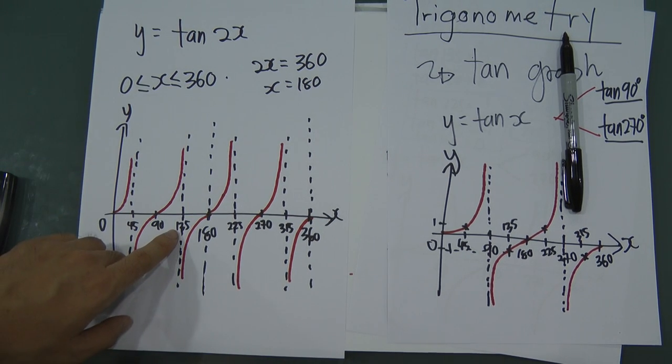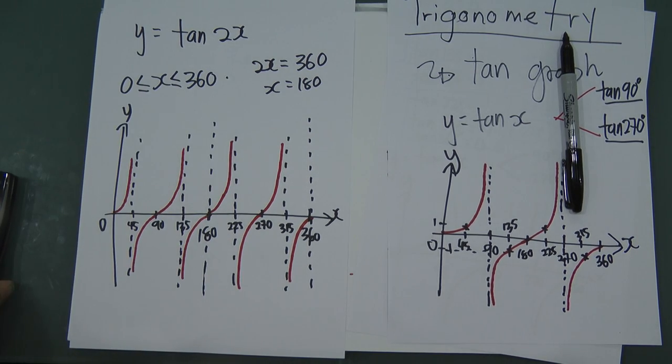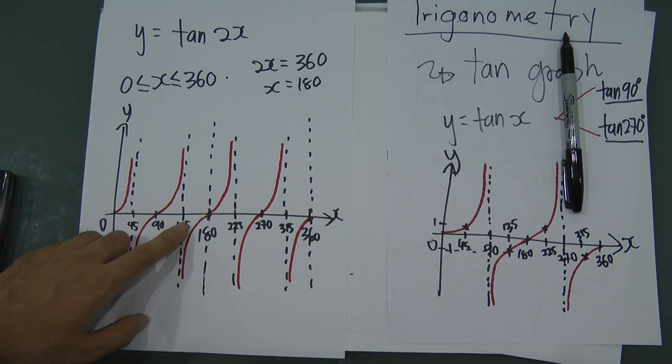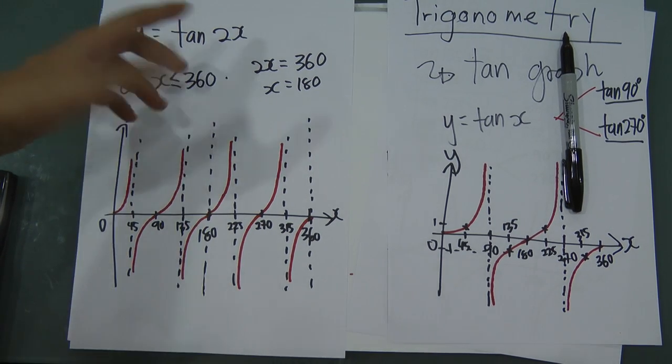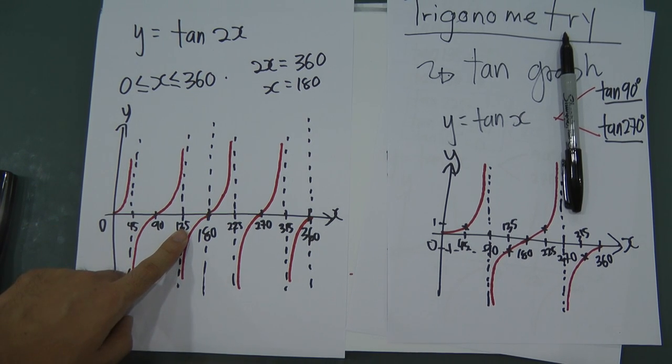Same thing for 135. 135 you substitute in, 2 multiplied by 135 is 270, meaning the graph can never touch 135 also.